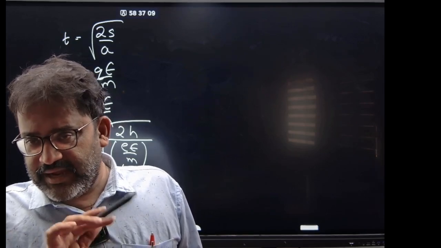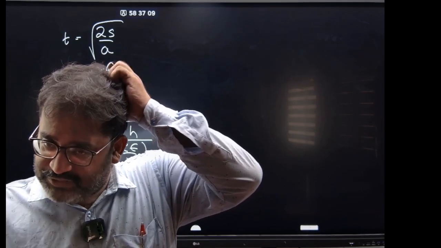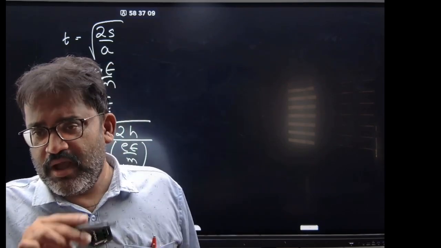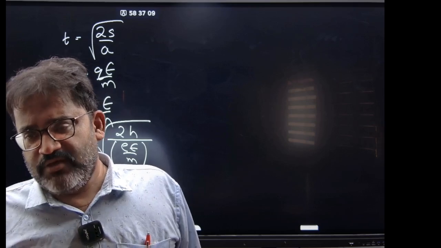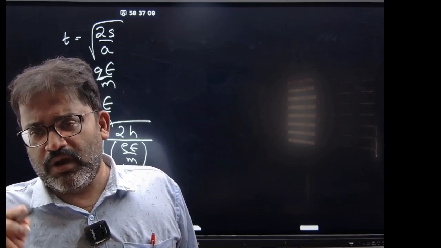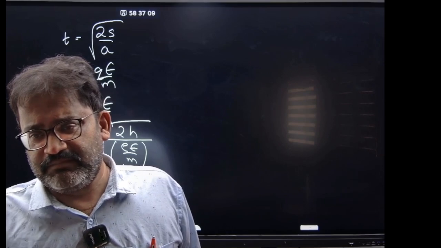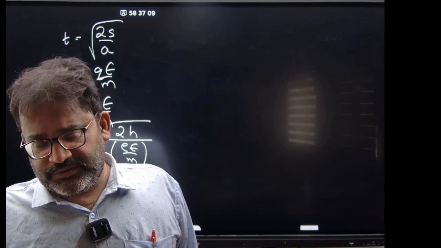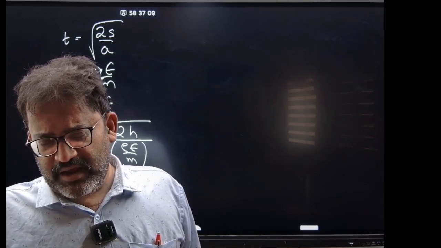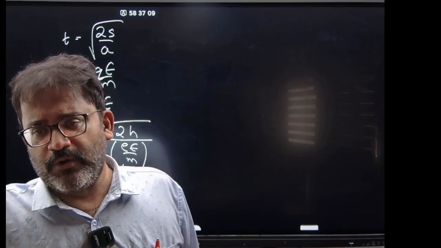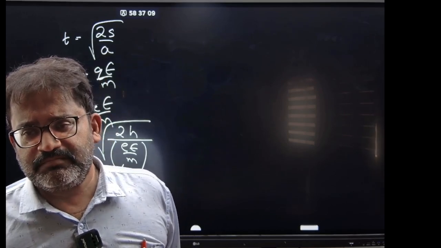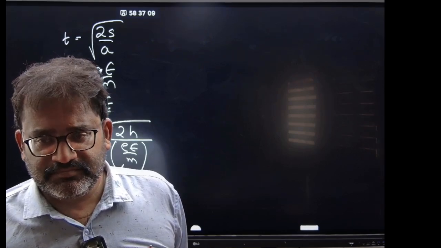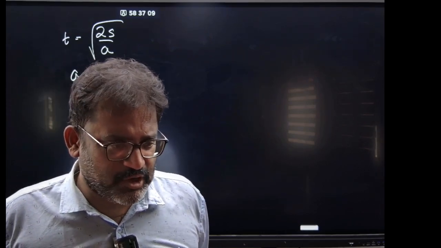K gets cancelled. So 16 by R square is equal to 9 by R prime square. Therefore R prime square is equal to 9 R square by 16, that means R prime is equal to 3R divided by 4. The right option is option 3.